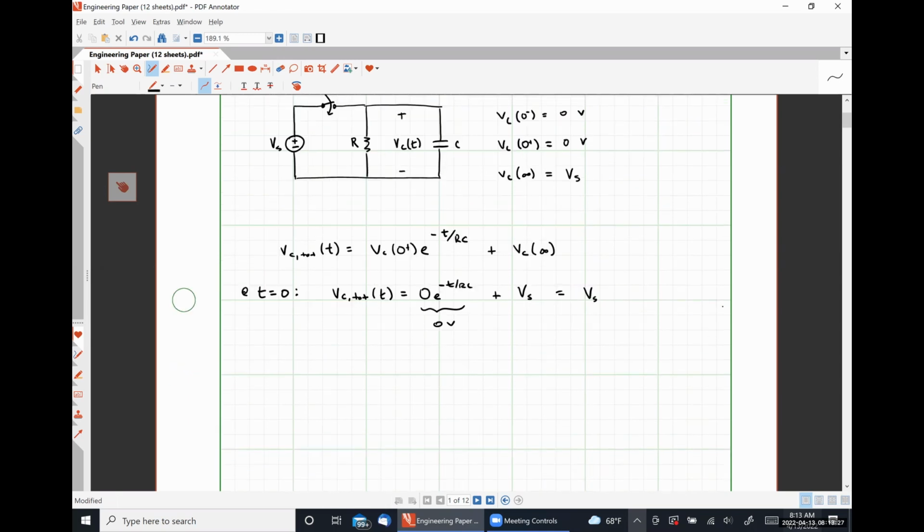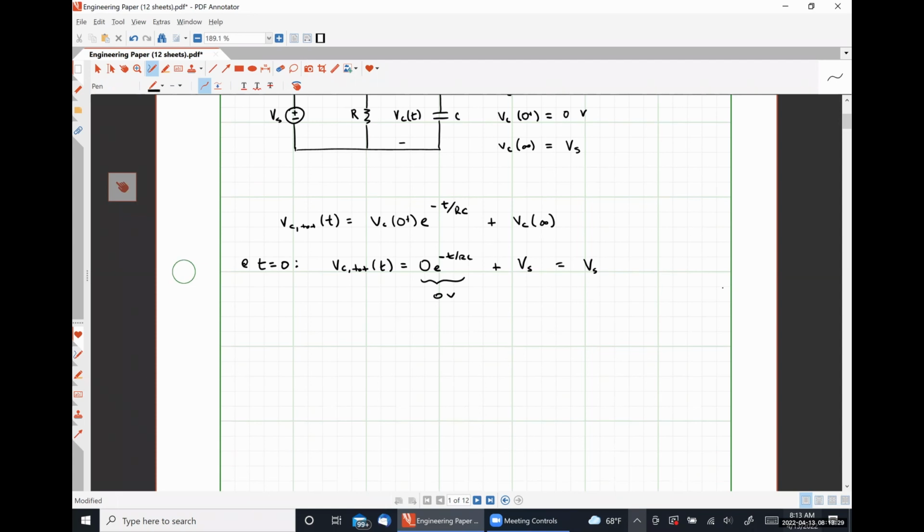So how we're going to fix this is we are instead going to have VC total of t is now going to be VC at 0 plus minus VC at infinity times e to the negative t over RC plus VC at infinity.